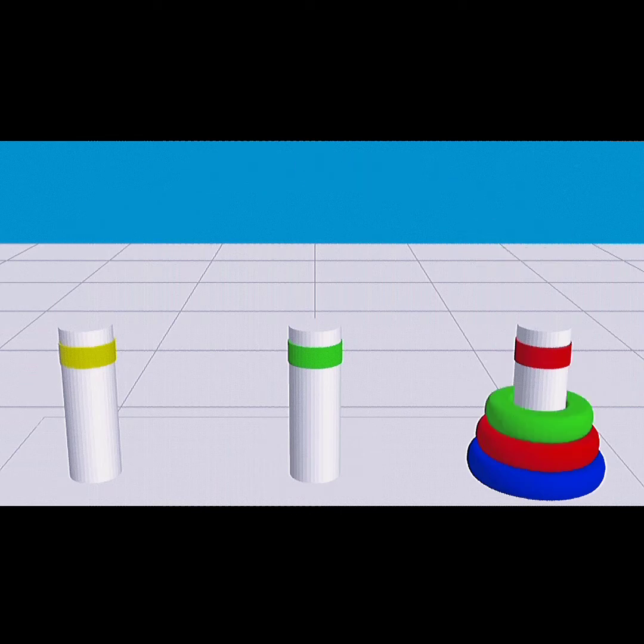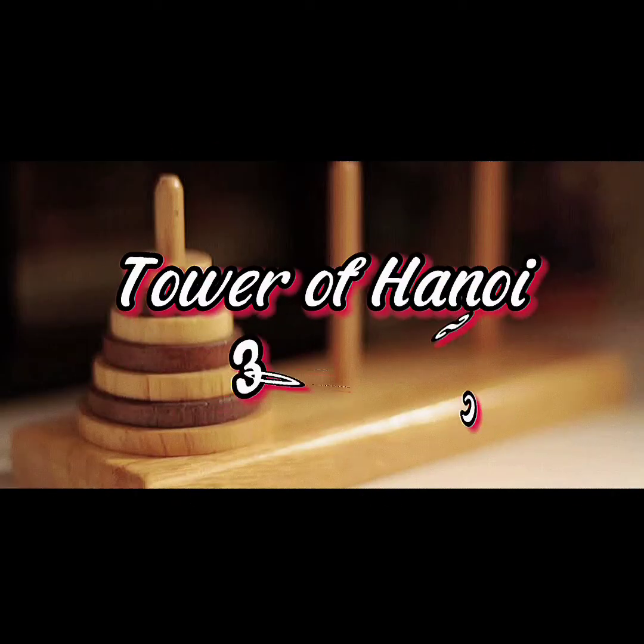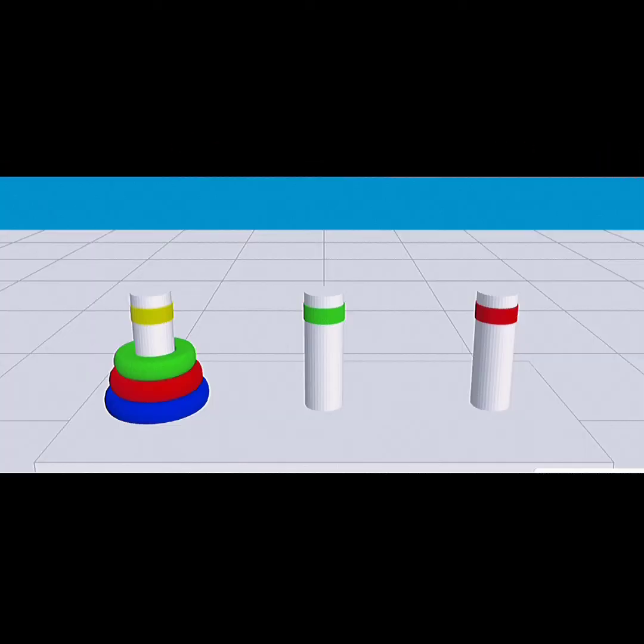Let's try to solve this using 3 discs. There are 3 discs placed on Tower A and 2 empty towers to the right. The goal is to move all the discs to the last tower, considering all the rules of the Tower of Hanoi.